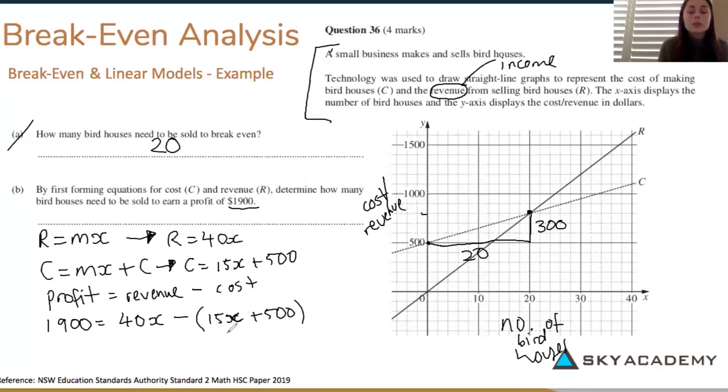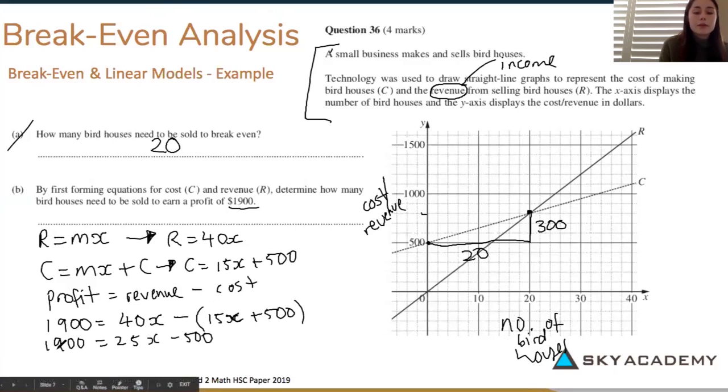So firstly, what I'm going to do is expand these brackets. So I'm going to minus 15x from 40. So 1,900 equals 25x minus 500. Now I'm going to add the 500 to the other side. So that leaves us with 2,400 equals 25x.